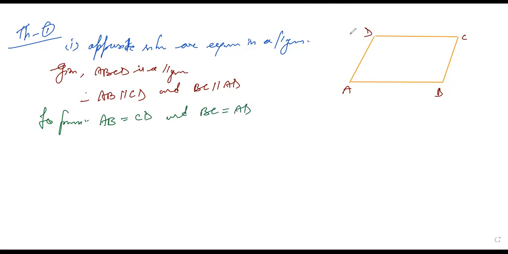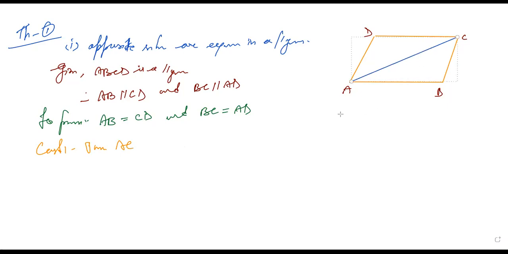So how are we going to prove this? To prove this, we have to go for one construction: join AC. You can draw any of the diagonals. I am taking AC. If you want, you can draw BD also. There is no particular requirement to use that particular diagonal only. So AC.